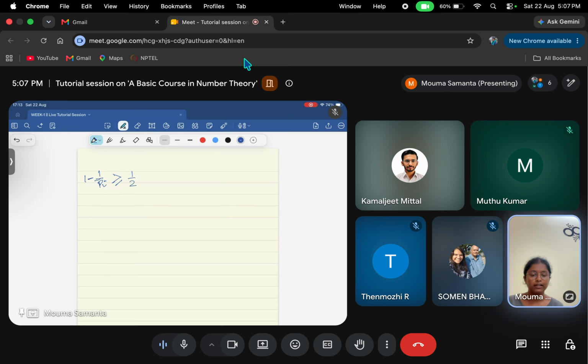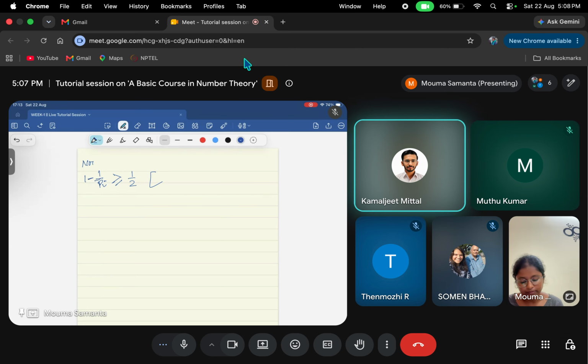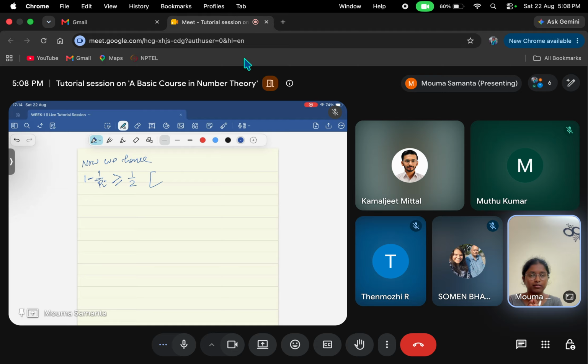Yes. So why is that? Ma'am, because for the smallest prime 2, then after that it will be greater. Since n is greater than 1, the least p it can be is 2. So see, now we have p_i greater than or equal to 2 for each i.